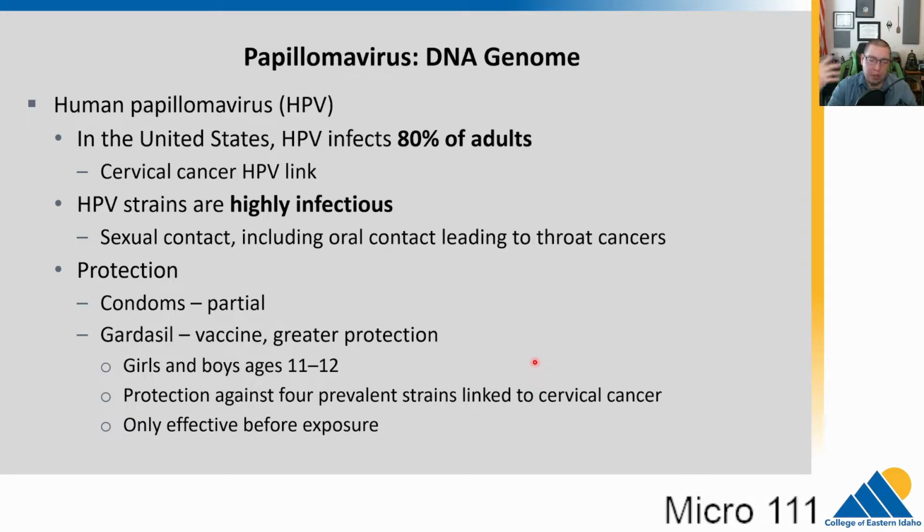So hopefully higher vaccination rates will lead to lower cases of this occurring. The papillomaviruses are restricted primarily to the skin or mucous membranes only, so they cannot infect other tissues, so they won't move into the other systems of the body, which can make them less of a worry. But this cancer risk, right, the cancers that develop can metastasize and move to other areas of the body.